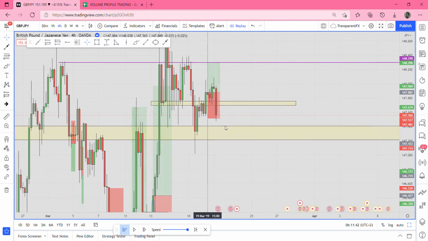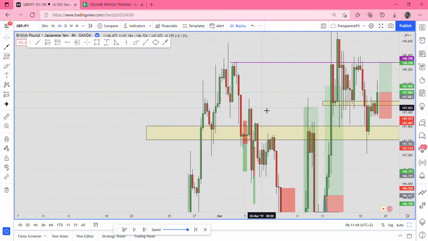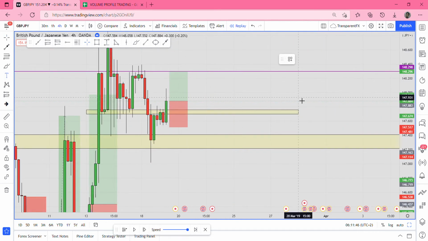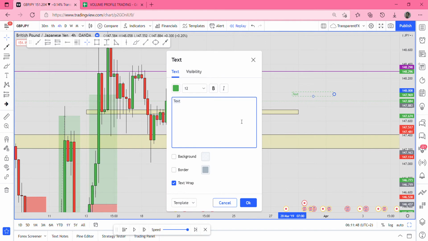What did I see before? Okay, we have 1% loss. So what I saw initially was we came down from a resistance, right? Then we respected a support.